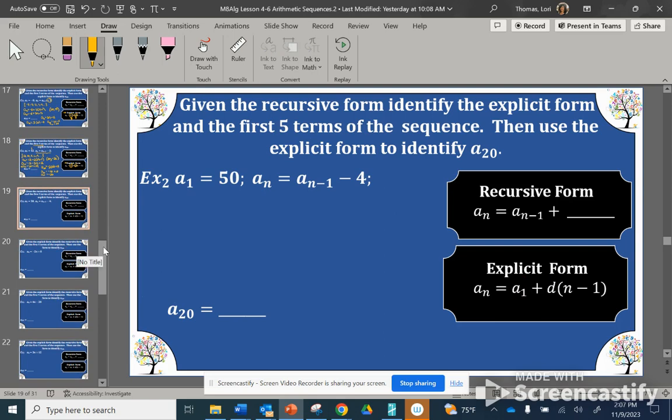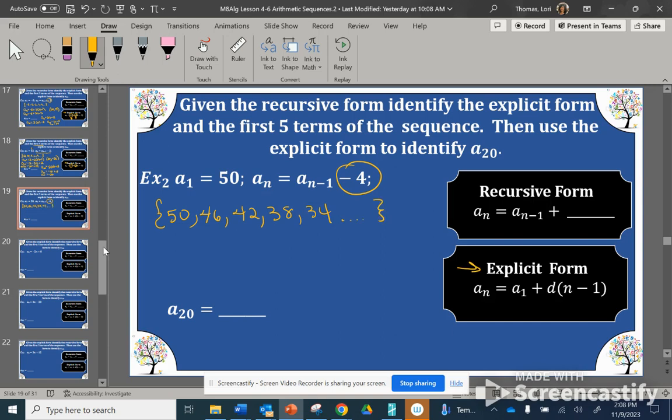Okay, let's try one more. Our first term is 50. Our common difference is going down by 4. And so on.